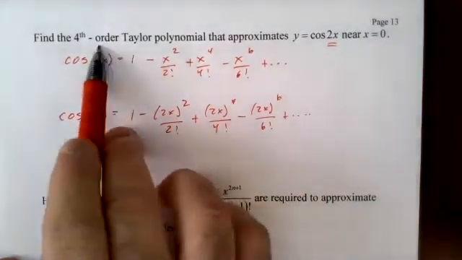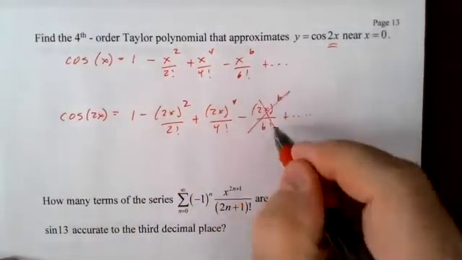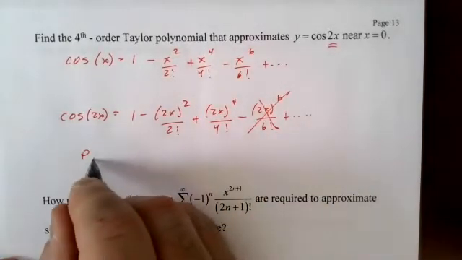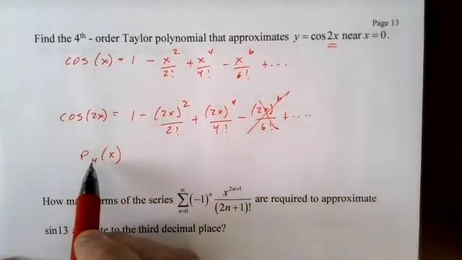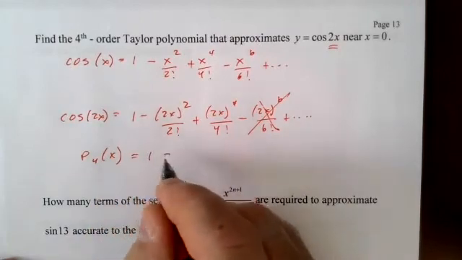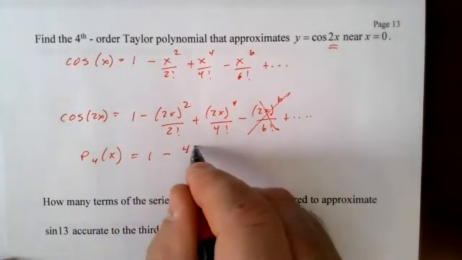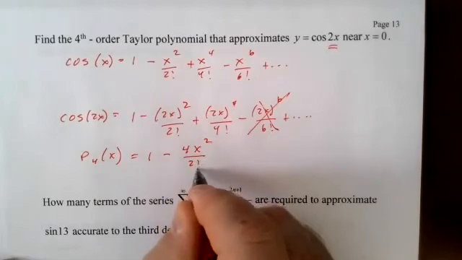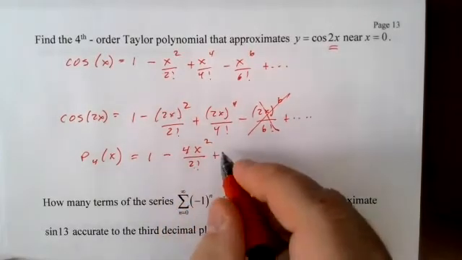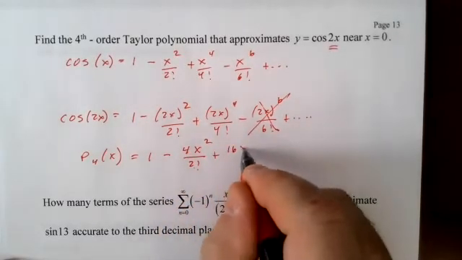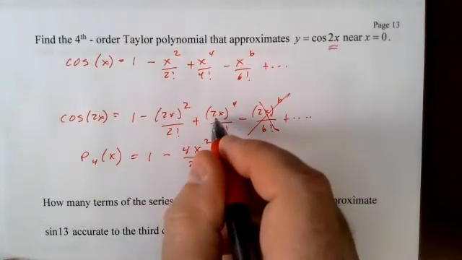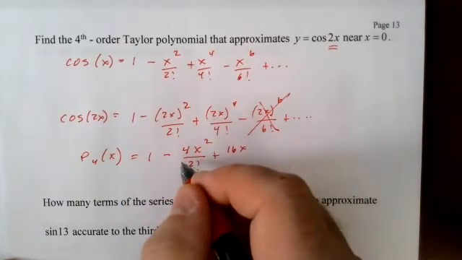Oh, wait, it wants the 4th order. All right, get rid of that. So the 4th order polynomial is 1 minus, and you can write this however you want. I would never in a billion years cancel, because then you won't see patterns. 16x to the 4th. You could have left it inside just like this, but I feel like throwing it out.